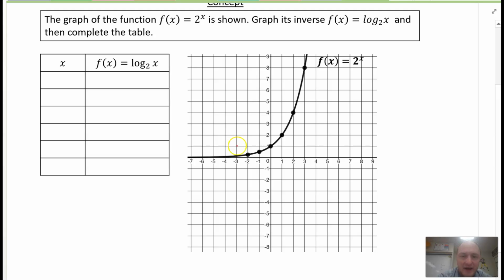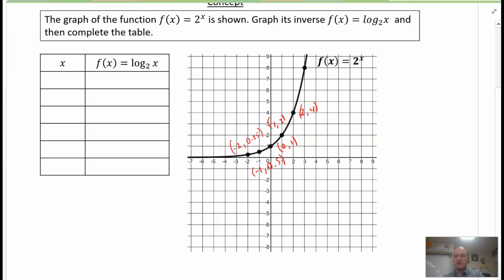So here I have the ordered pairs -2, 0.25; -1, 0.5; 0, 1; 1, 2; and 2, 4.